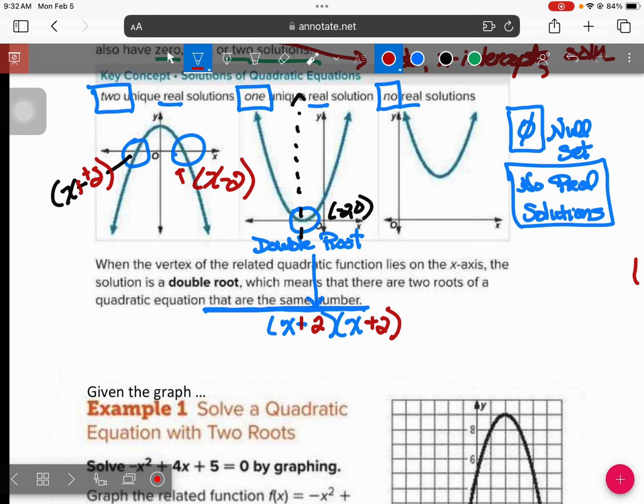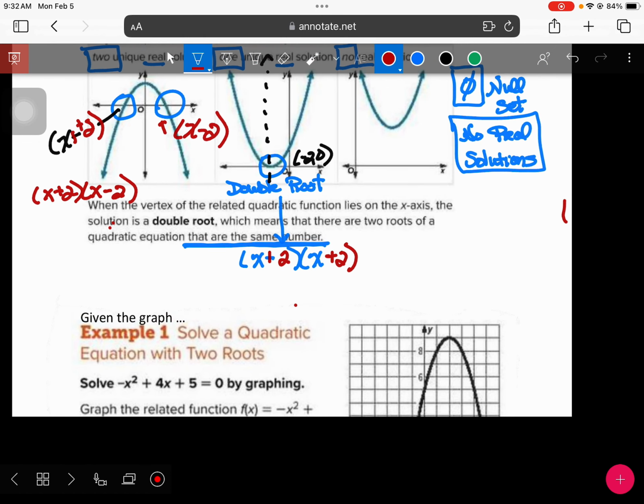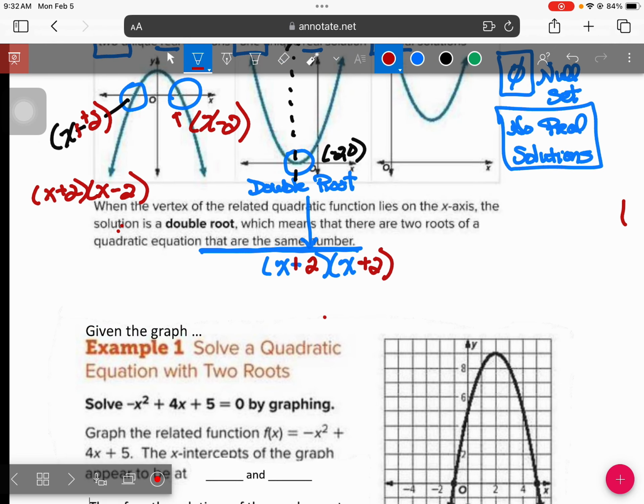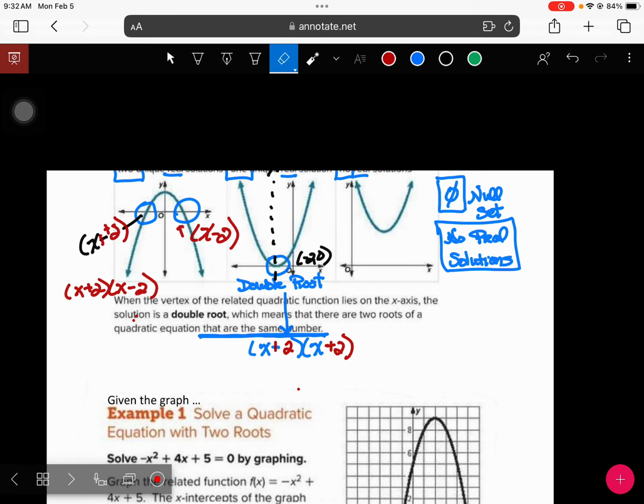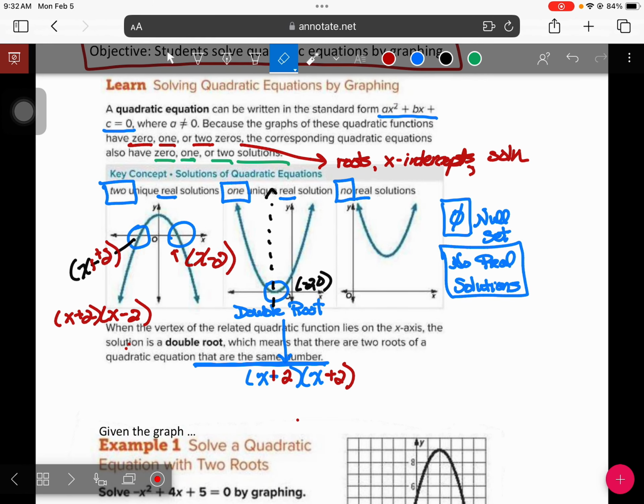And I'm just showing you, but this would be then x plus 2 times x minus 2. So that's the difference between that one and the double root. The double root is always going to be the root that is the same twice. Okay? Any questions on anything that I've put here in this first part?